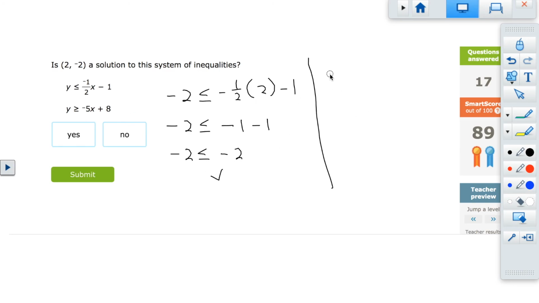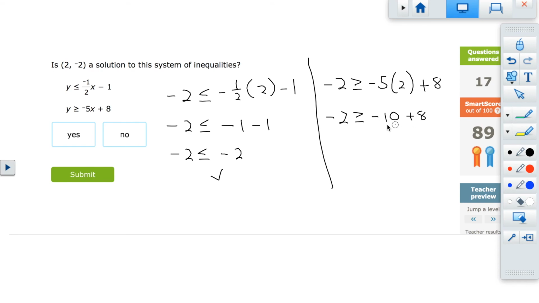Next, I got y is -2, which is greater than or equal to -5, x in this case is 2, plus 8. So I have -2, which is greater than or equal to -5 times 2. Negative times a positive is a negative. 5 times 2 is 10, plus 8.